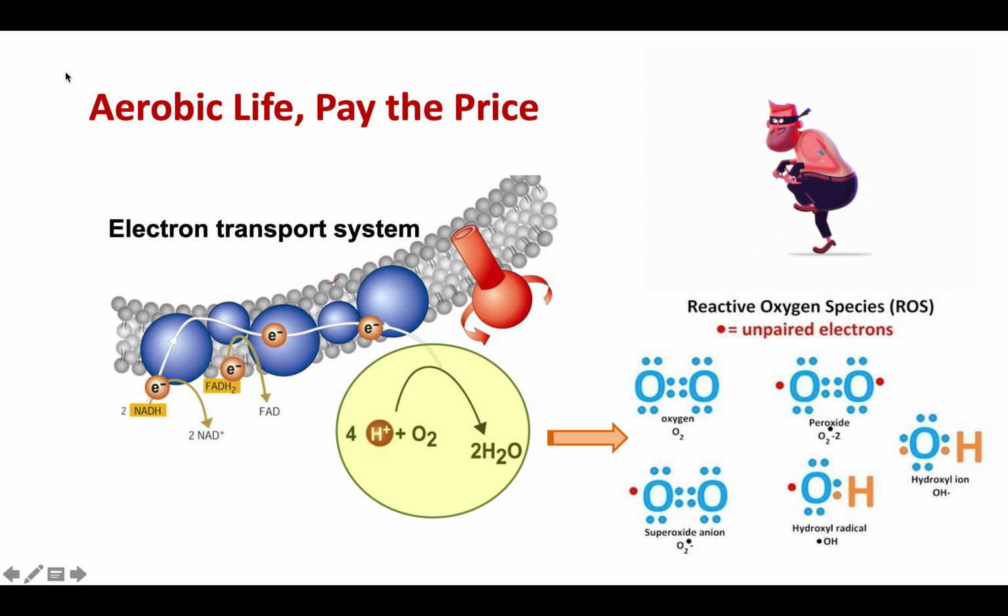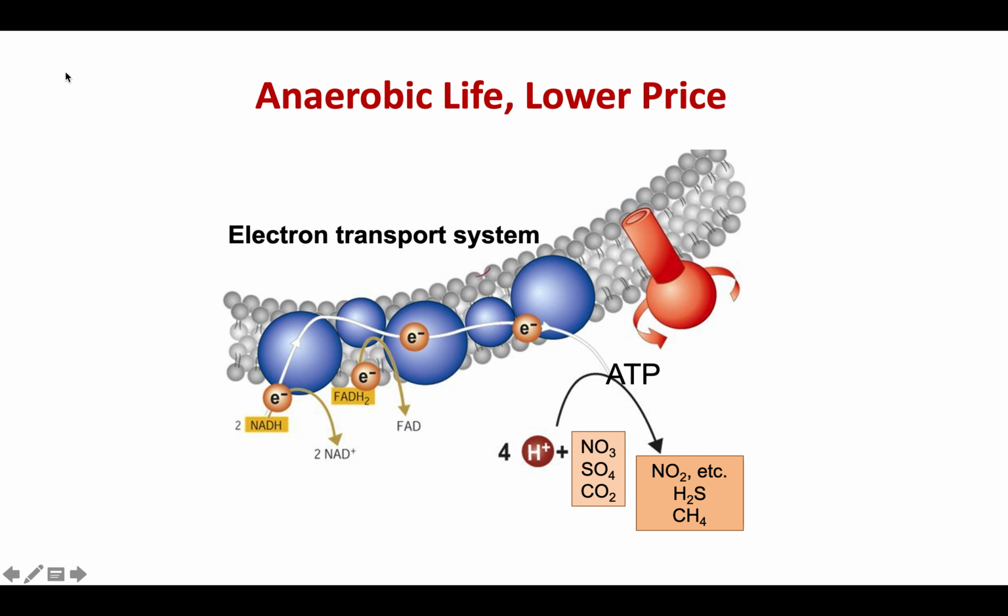If you look at these three that I've talked about here, the free radicals, they are grouped into a group called reactive oxygen species. And all that means is these are oxygen molecules that are very reactive, very unstable, and in the long run, not very good for the cell or the organism. Now, anaerobic bacteria, which undergo anaerobic respiration, there's a lower price.